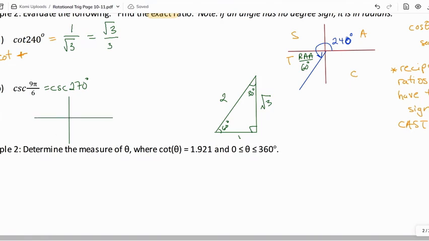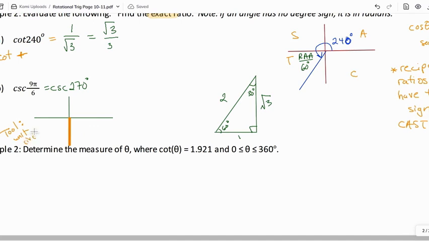You're not in any quadrant at all. 90, 180, 270. I'm on the negative y-axis. Which tool do I use now? The unit circle. Tool alert, get the unit circle out.